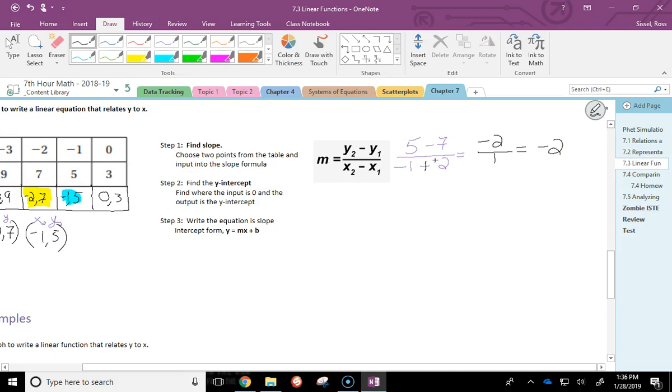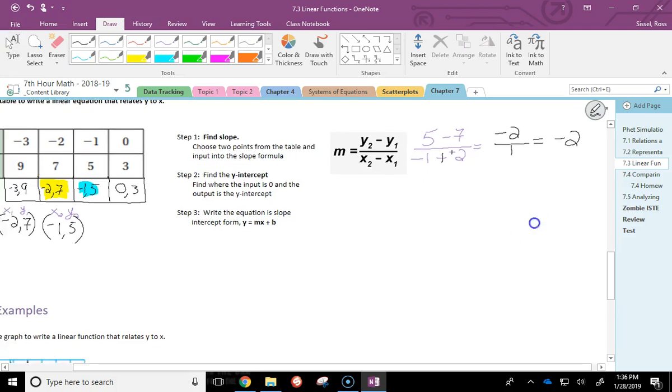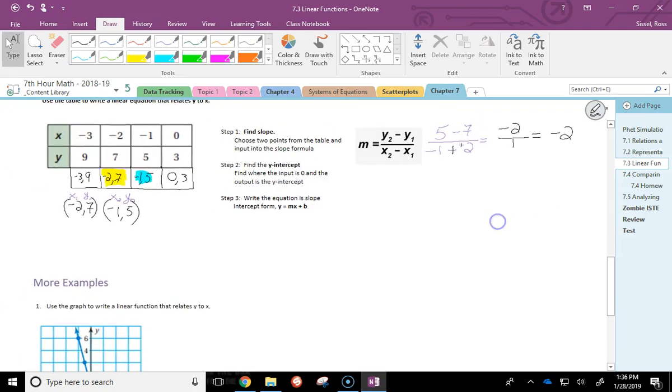We actually took a whole unit test over finding slope. Y-intercept. This one's fairly easy. Anytime we have a y-intercept, you have to remember our x-coordinate is 0, because it does not move away from the y-axis.